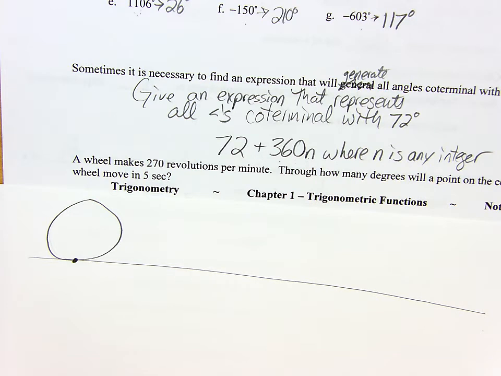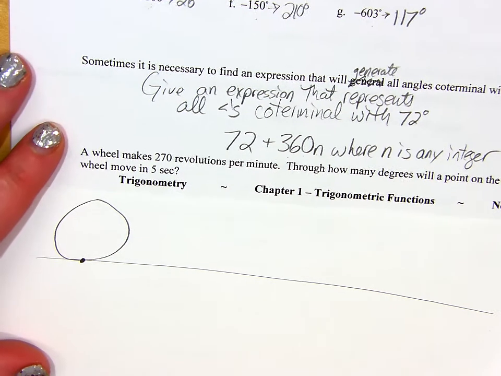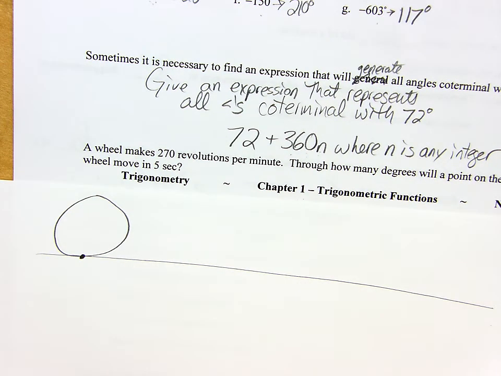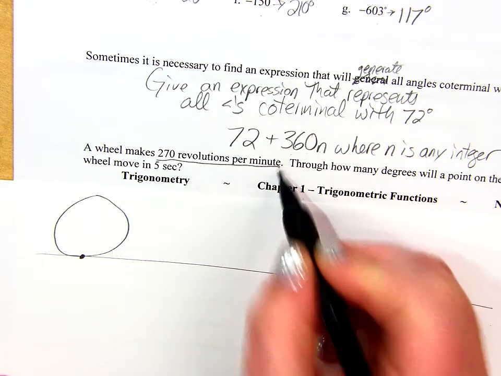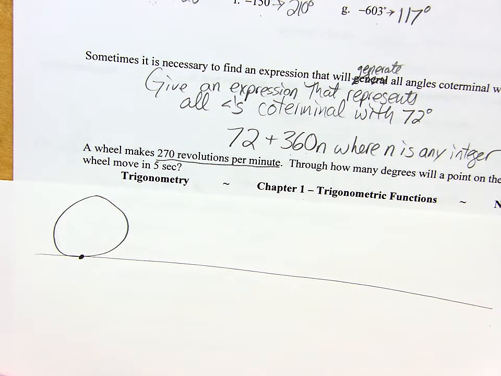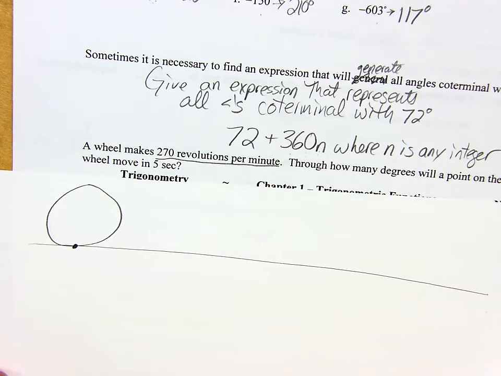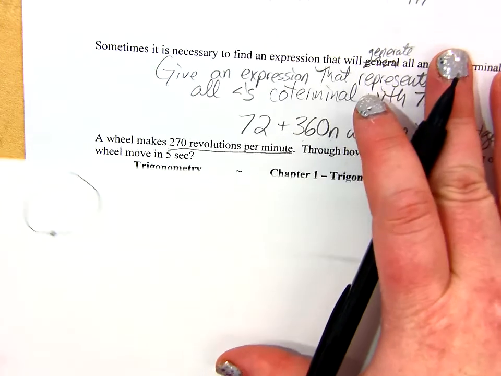Well, this sounds like a super complicated, crazy question, but it's not that bad if you know how to break it down. Okay, here's what I'm going to start with. I'm going to start with 270 revolutions per minute, and I'm going to write that as a fraction. I'm trying to figure out in 5 seconds where I'm going to end up, right? So check this out.